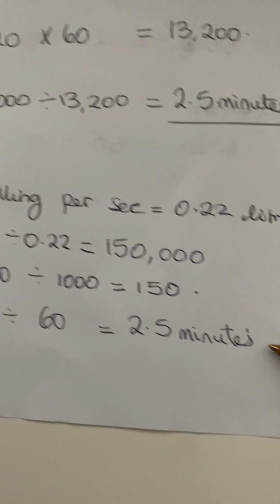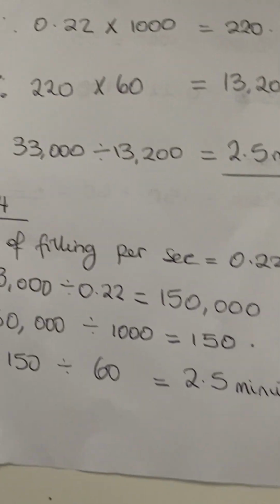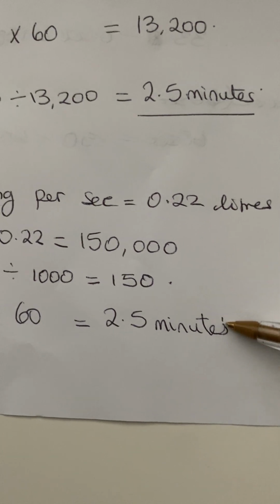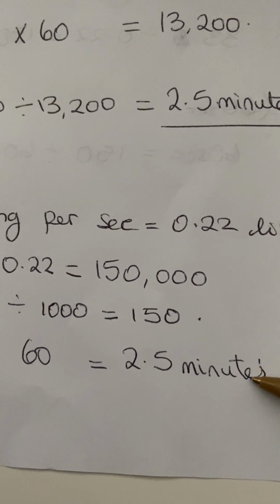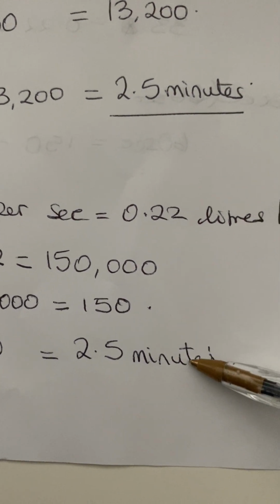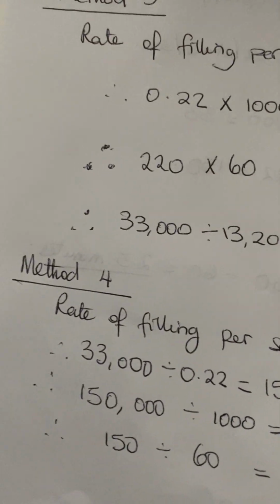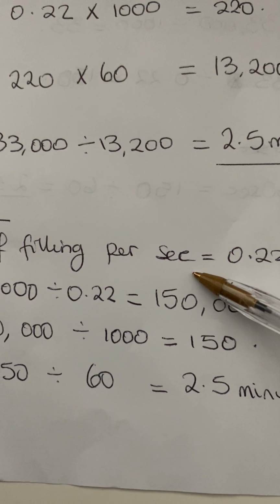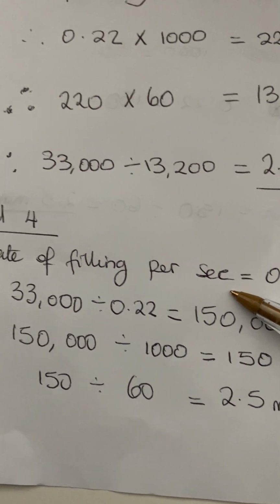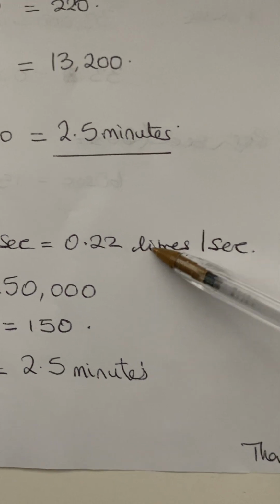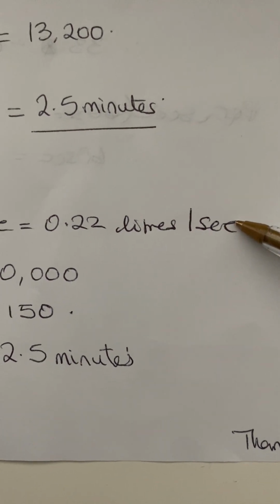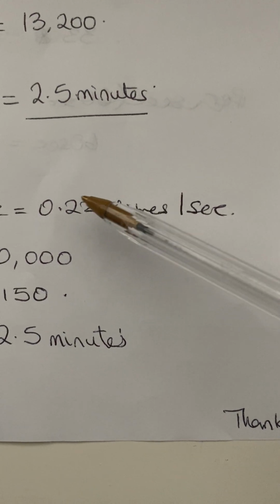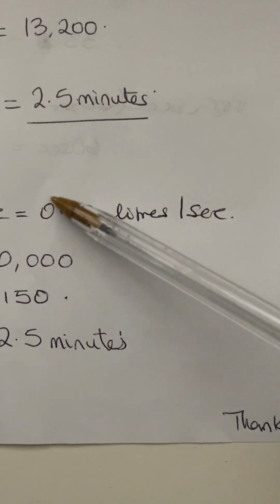So these are possible ways you can look at it. Whichever way you solve it, you should get 2.5 minutes. That is how long it takes if you fill at a rate of 0.22 liters per second.